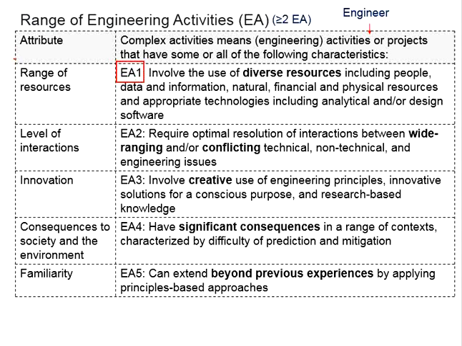EA1 is about the range of resources. Looking at the statement here, the relevant activities shall involve the use of diverse resources, including people, data and information, natural, financial and physical resources, and appropriate technologies, including analytical and/or design software.